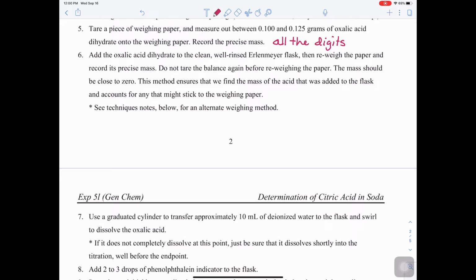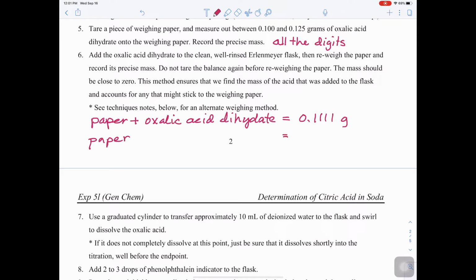So when we're determining masses by difference, it can be helpful to look at the words. We're weighing the paper plus the oxalic acid dihydrate. And then afterwards, we're weighing just the paper. And so let's pretend that this was 0.1111 grams. And afterwards, the paper was 0.0001 grams.